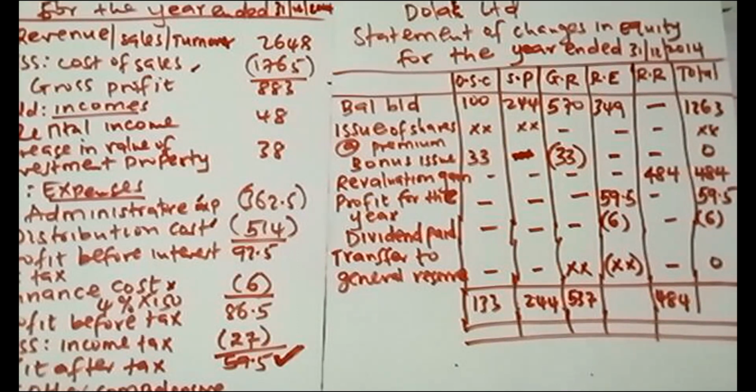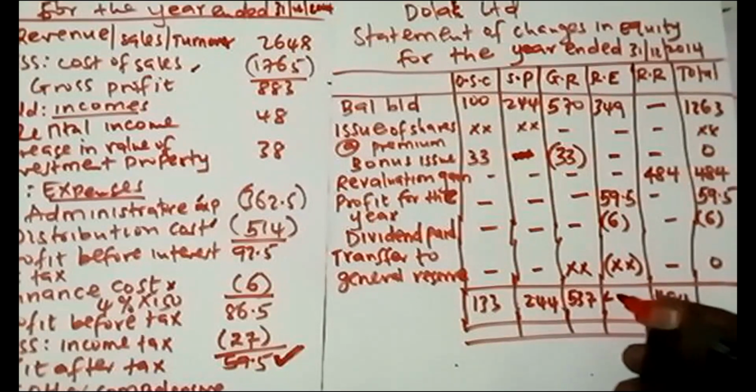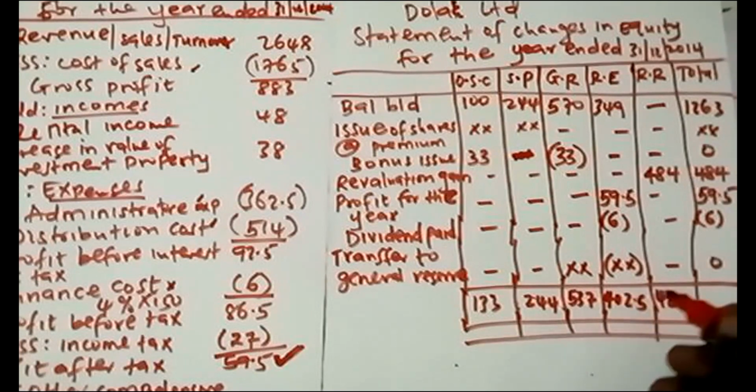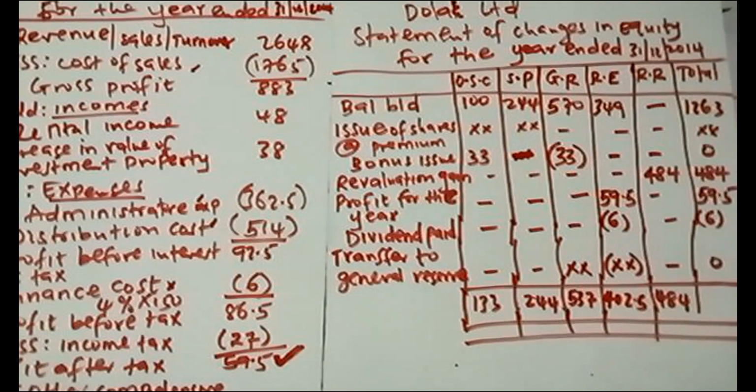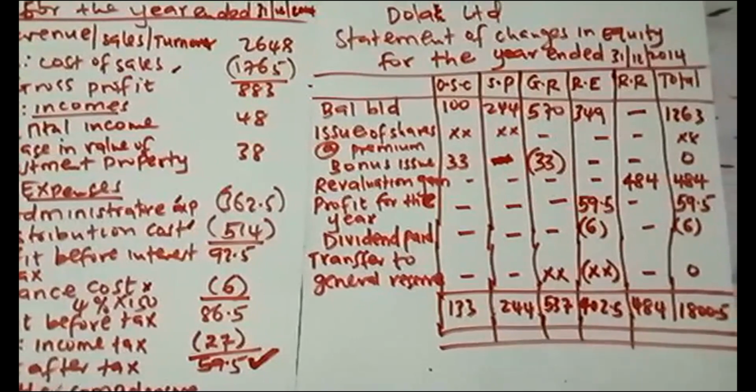349 plus 59.5 minus 6. 402.5. So for the total, this is 1800.5.